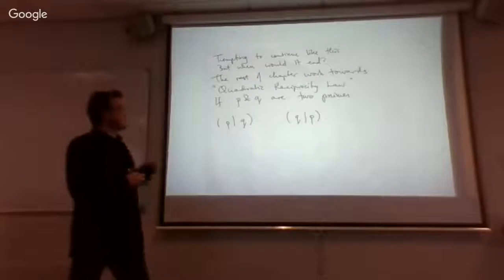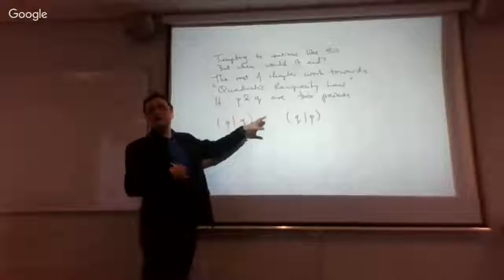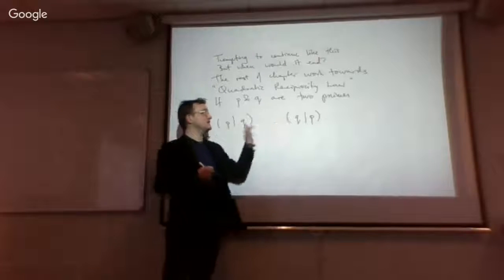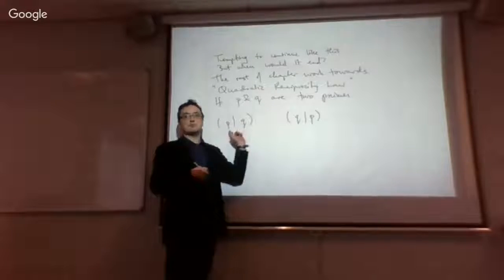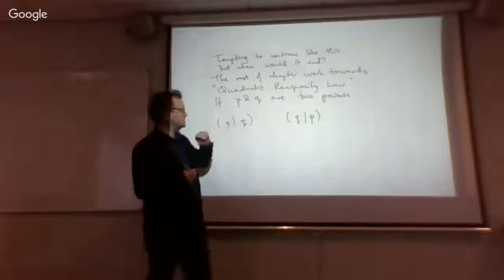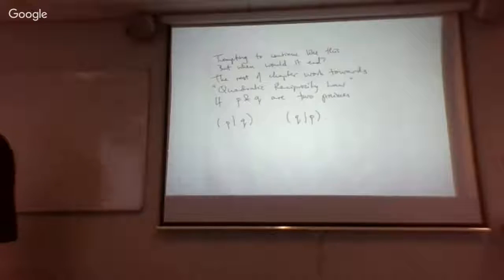However, there is a very easy to state relationship, which takes a bit of effort to prove, between these two Legendre symbols, between the status of P modulo Q and Q modulo P, about whether or not they are squares, quadratic residues.